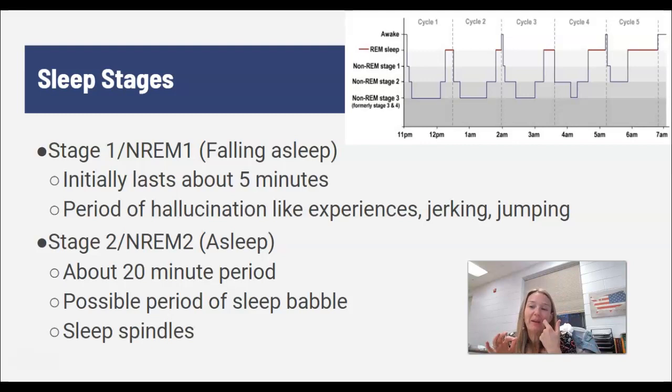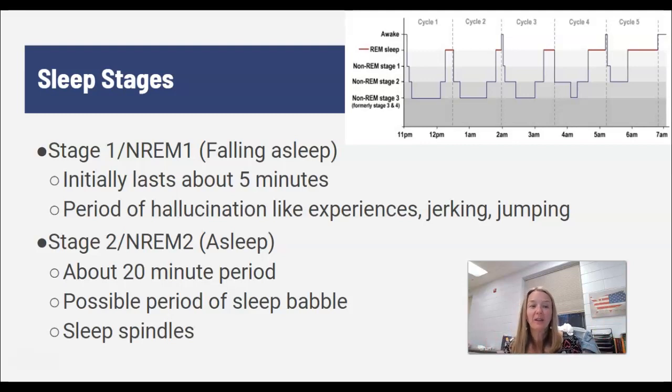So what is happening during this falling asleep or non-REM stage 1 is your different cortical areas are shutting off communication with each other. Your brain is still continuing to work, but it's not communicating with itself in the same fashion. It's blocking the communication between certain areas a little bit, to allow your body to rest and recuperate.